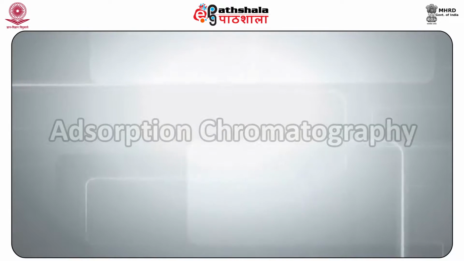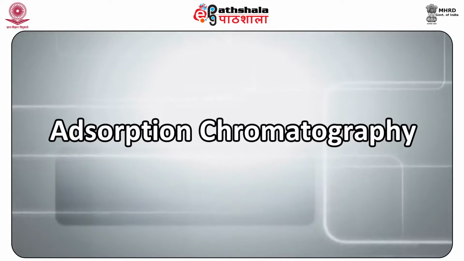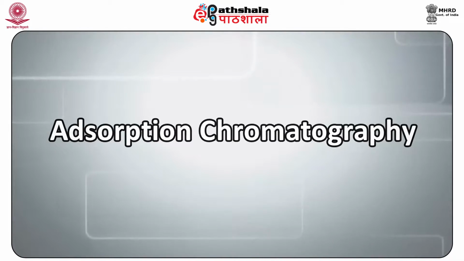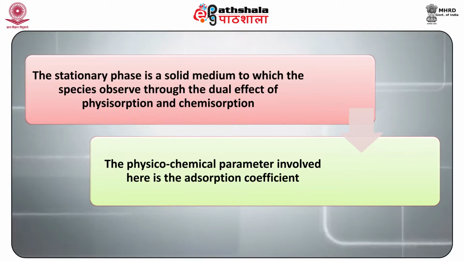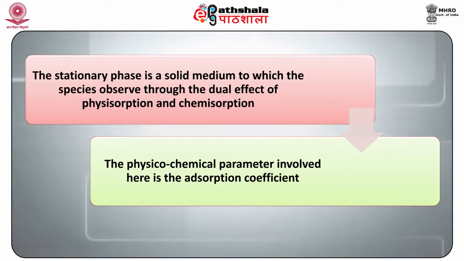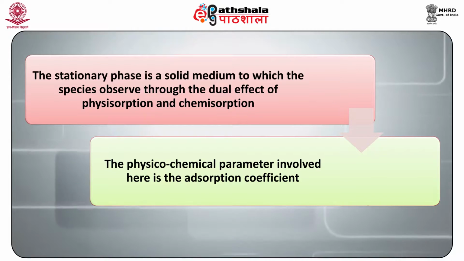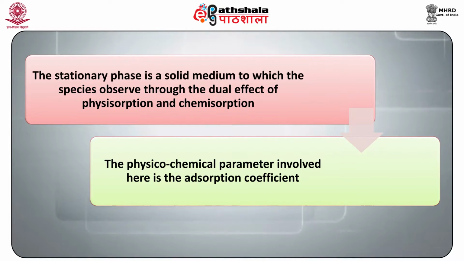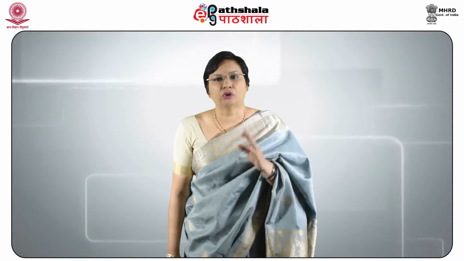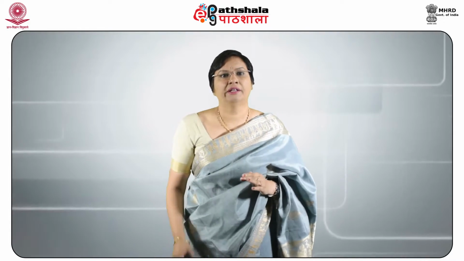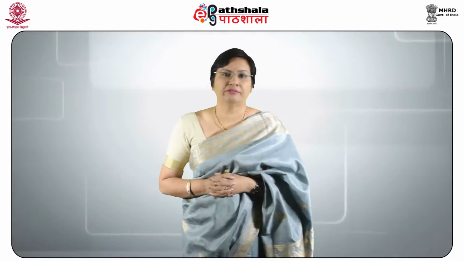So, let us understand now what is meant by adsorption chromatography. The stationary phase here is a solid medium to which the species adsorb through the dual effect of physisorption and chemisorption. The physico-chemical parameter involved here is the adsorption coefficient. It was established first and has a solid stationary phase and a liquid or gaseous mobile phase.